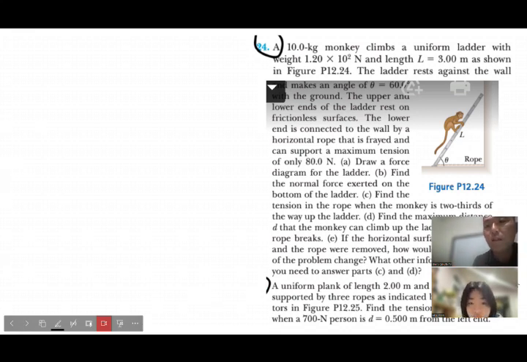So you have a ladder, but instead of just frictional force, the bottom of this wall is frictionally slippery. If you don't have a horizontal force, it doesn't matter how much weight you have on the ladder or how heavy the monkey is on the ladder, it always ends up sliding down and falling to the ground.